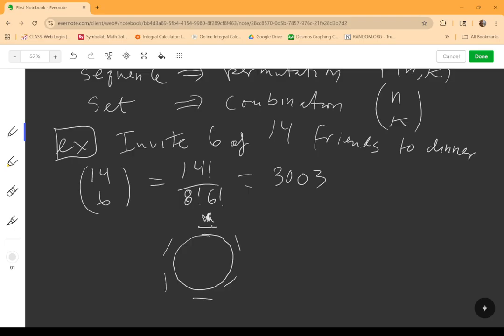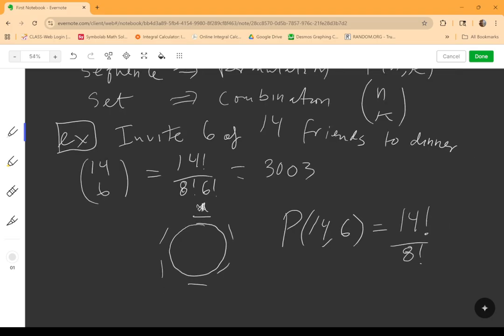In this case, that would be the permutations of your 14 friends for the 6 seats. So this would be 14 factorial over 8 factorial.